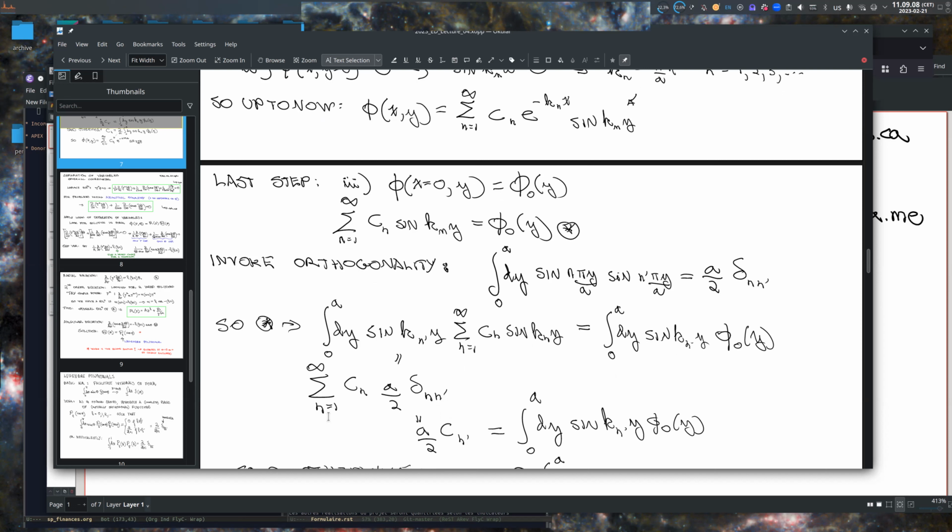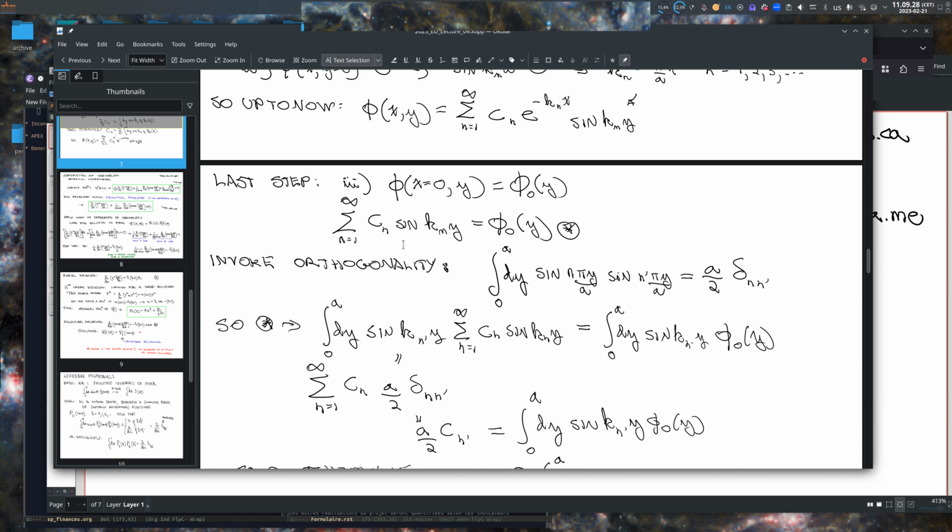Therefore, I can now perform the sum over n because I've got my Kronecker delta. The left-hand side now evaluates to what I want, which is the coefficient c, at my chosen index n prime. So that's the left-hand side.